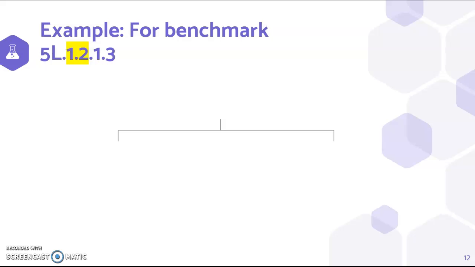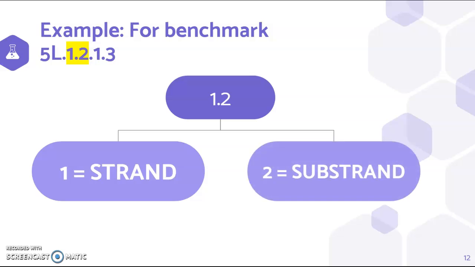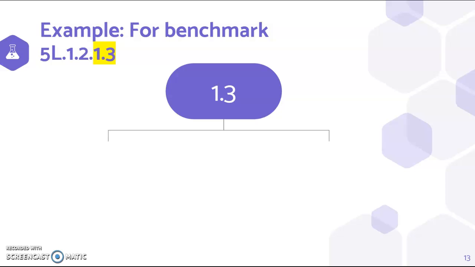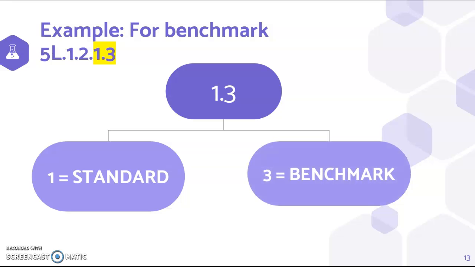The second portion of the digital code is 1.2. The 1 stands for strand, and the 2 stands for the substrand. The third portion of the digital code, in our example, is 1.3. The 1 will stand for the standard, and the 3 represents the benchmark.